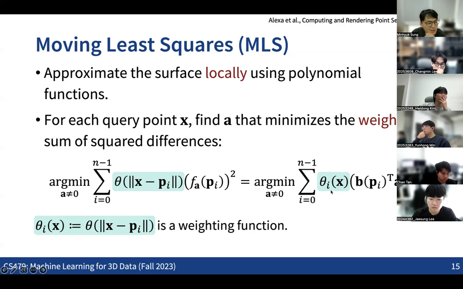Now we can see that the weights are determined based on the query point and all the points that we have. And for each input point, we can calculate the polynomial terms. And the question is that we are finding the best parameters, the coefficients for the polynomial function, in terms of minimizing this weighted least squares term. So this is the problem that we are going to solve, right?